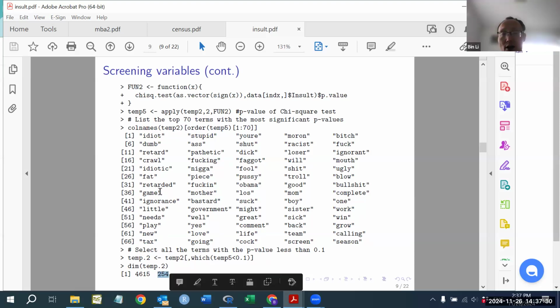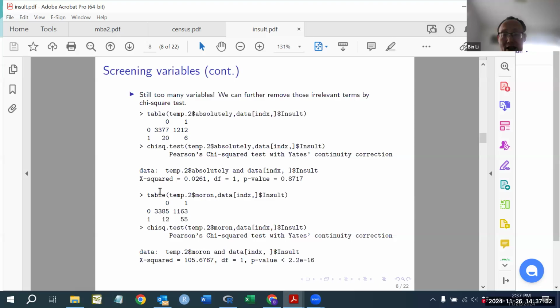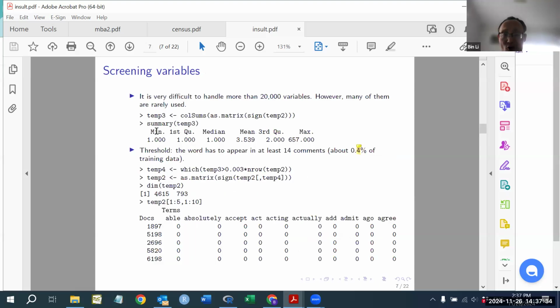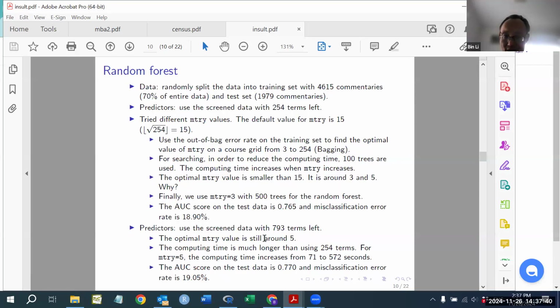The 794 terms are without using the chi-square. If we use all the 794 terms without doing the chi-square and we run the random forest, still the mtree optimal value is around 5.